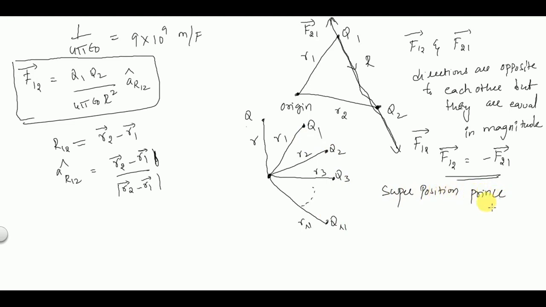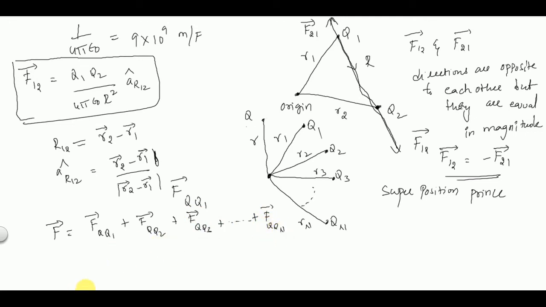That is, the total force is the sum of the individual forces exerted by each individual charge: F bar is equal to the force due to Q1 on Q plus the force due to Q2 plus the force due to Q3, and so on, plus the force due to Qn.